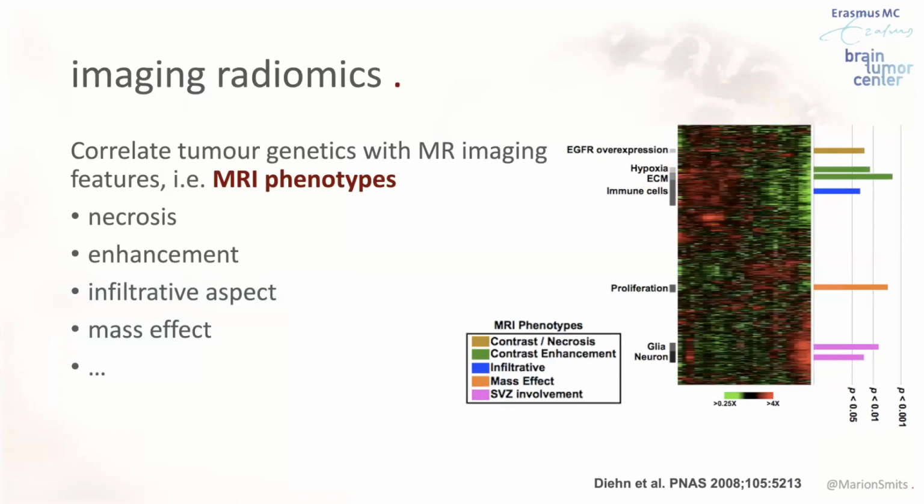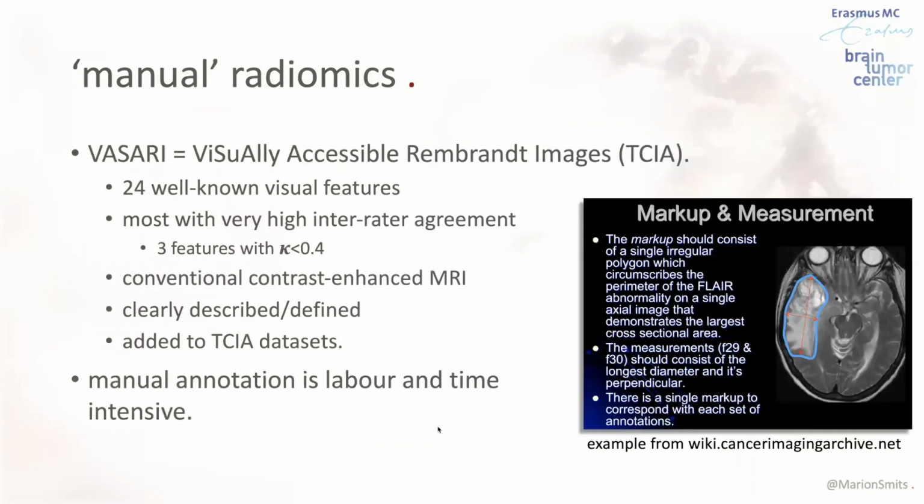But there's earlier work already from 2008 where people used MRI phenotypes, and this was just manually assessed. So was there necrosis, was there enhancement, what did the tumor look like, and they correlated that with specific expression of genes. And we could already separate some of these genes or identify them and correlate them with these specific phenotypes. So those are the early days, based on what I like to call manual radiomics.